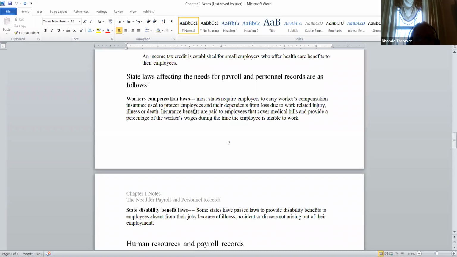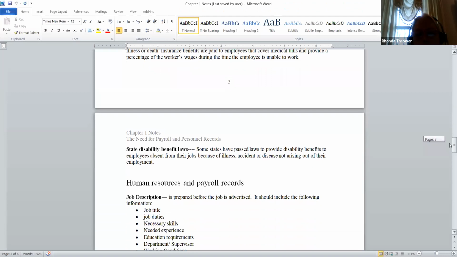Insurance benefits would be paid to the employees that cover the medical bills and also provide a percentage of the worker's wages during the time the employee is unable to work. There are also what we call state disability benefit laws.